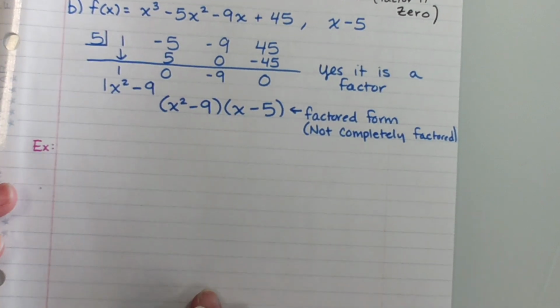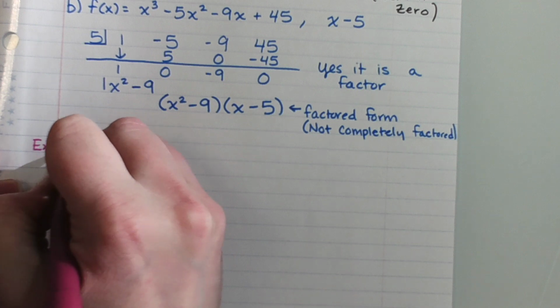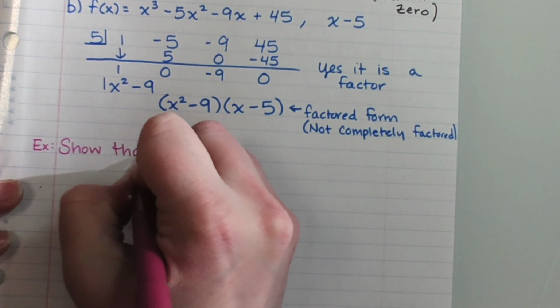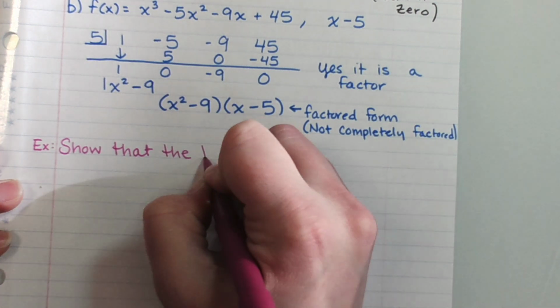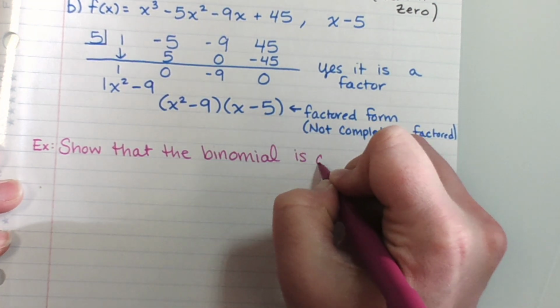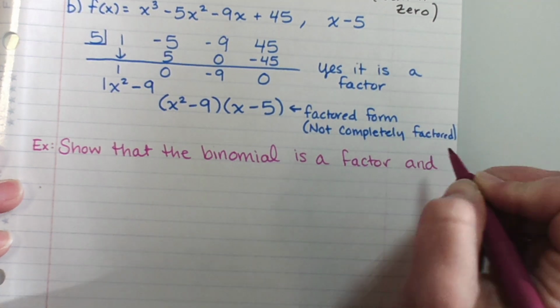Because the other set of instructions you're going to see today are going to say, show that the binomial is a factor, and factor completely.